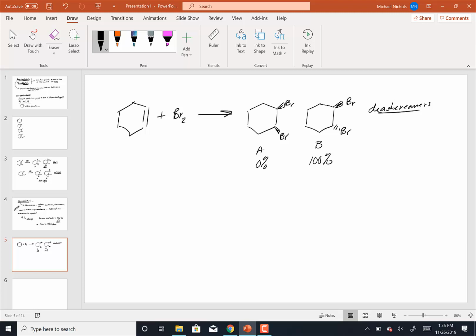Because remember, it goes through the triangular intermediate. So the bromine sits on top, and then the other bromine adds underneath. Right? So this is a stereoselective reaction.